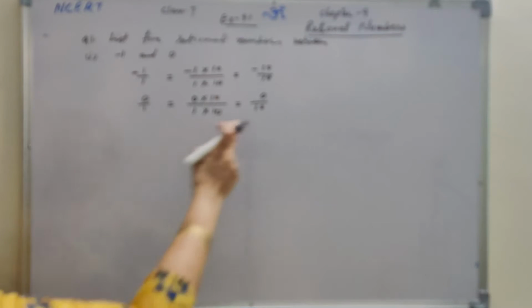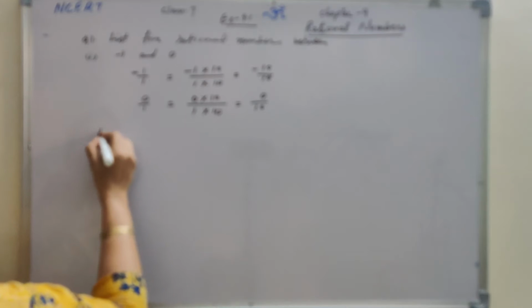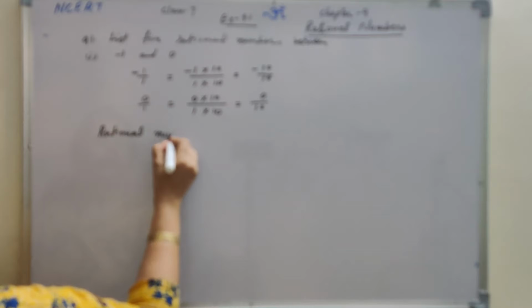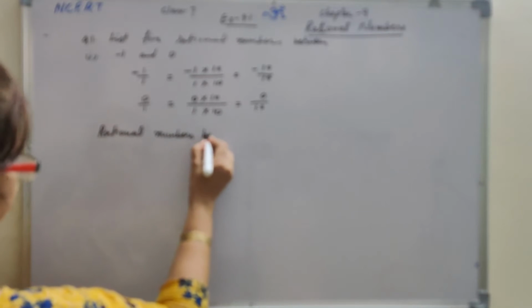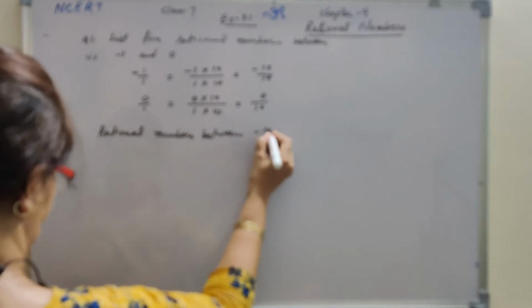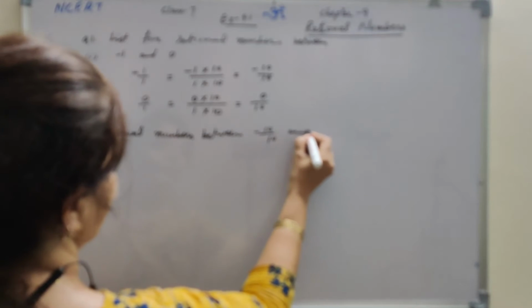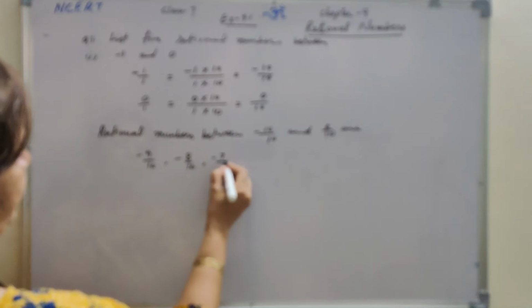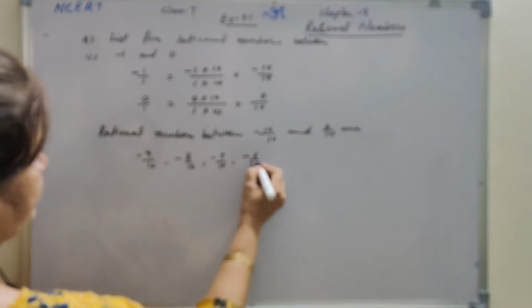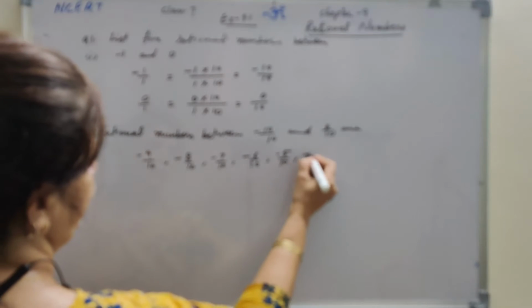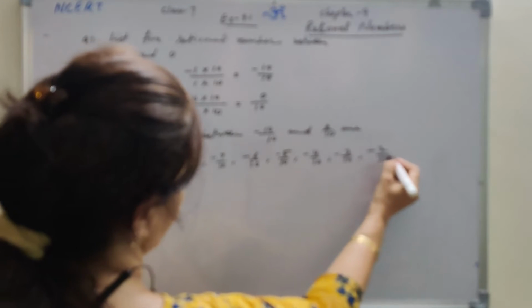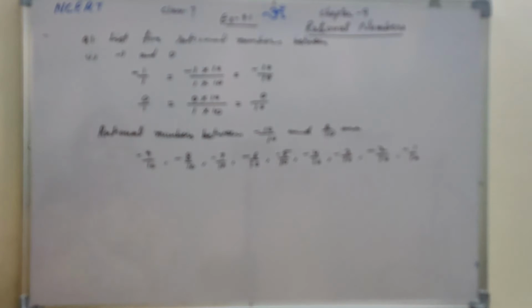Now you can see the rational numbers lying between minus 10 by 10 and 0 by 10 are minus 9 by 10, minus 8 by 10, minus 7 by 10, minus 6 by 10, minus 5 by 10, minus 4 by 10, minus 3 by 10, minus 2 by 10 and minus 1 by 10.